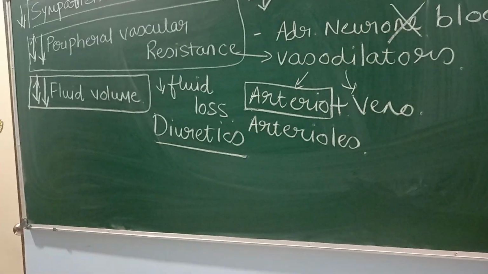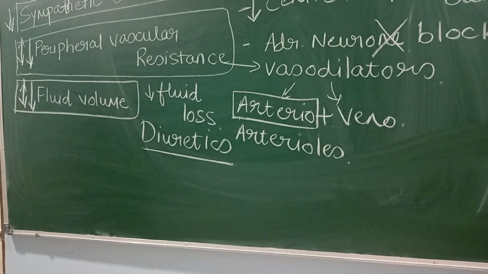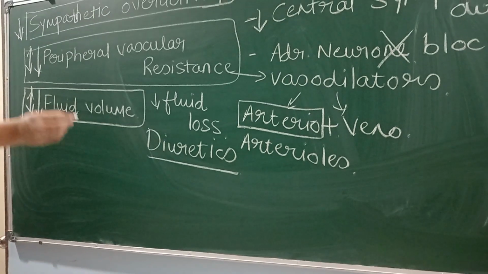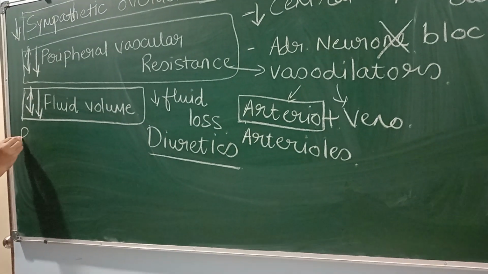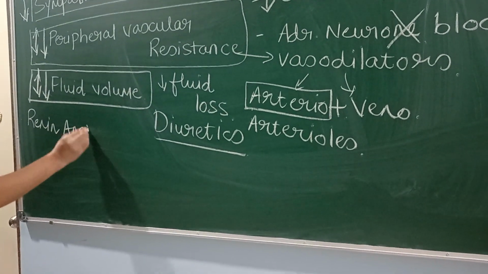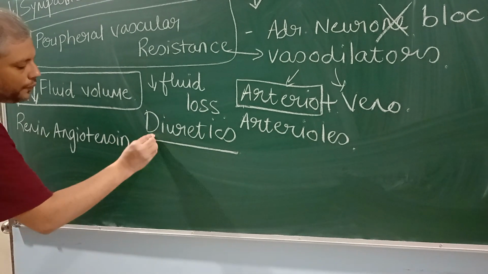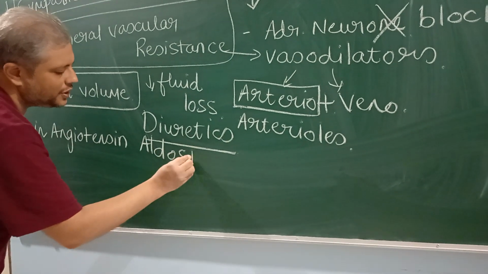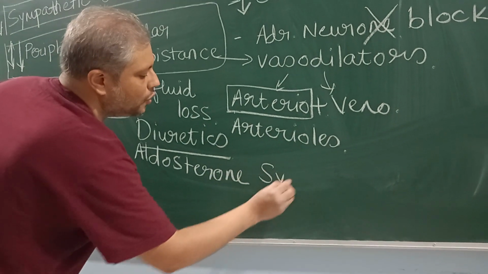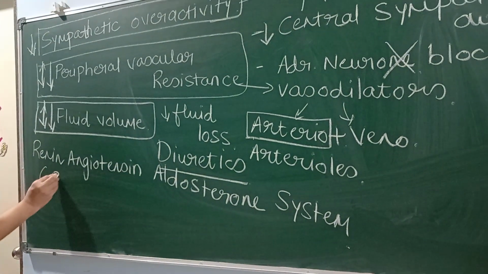But dear friends, there is another system that is responsible for the control of blood pressure equal to all of these three, and that system is known as the renin, angiotensin, aldosterone system, also known as the RAS system.